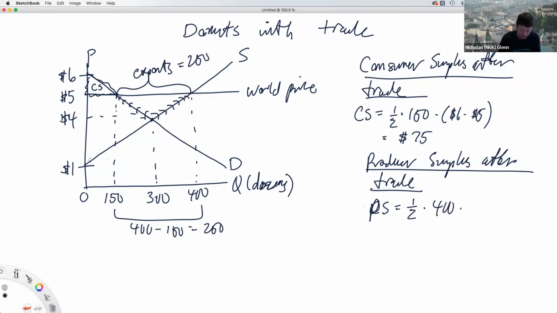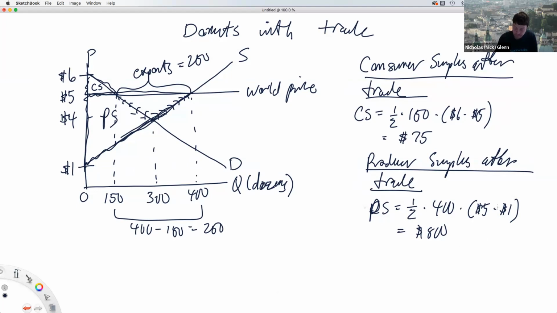What about the height? Well, it's anything above this. This is what their cost is, what they're willing to supply it for, and they're actually getting $5. So it's 5 minus 1, for $4. $4 times 400 is $1,600 times 1/2 will be $800. So you see the producer surplus has really increased a lot.